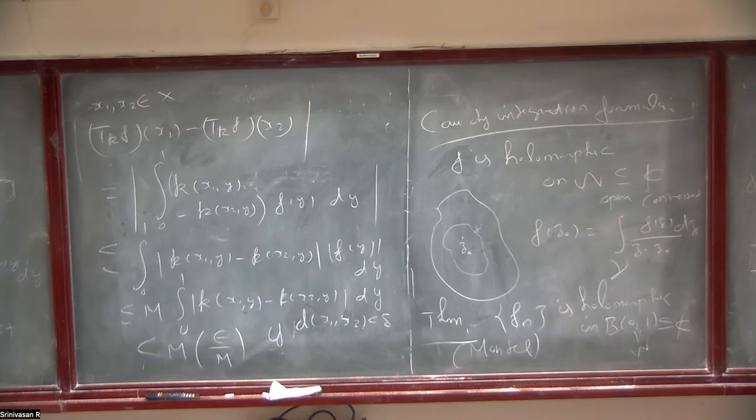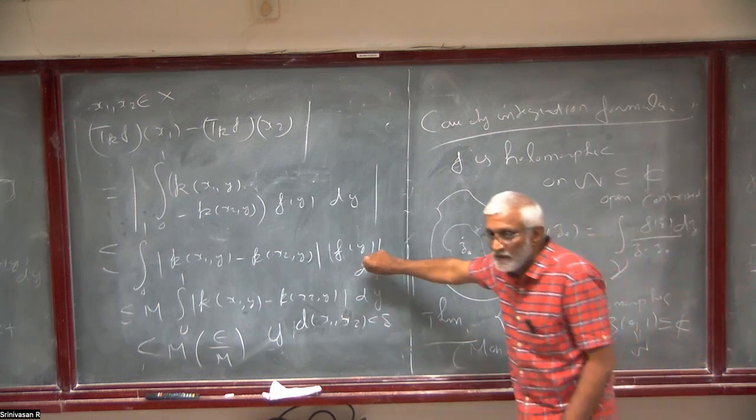So f of Z1 minus f of Z2 is equal to the integral over gamma, where gamma is the bigger circle, all those z such that mod z equals R. You are integrating over f of z. It's similar to this proof.